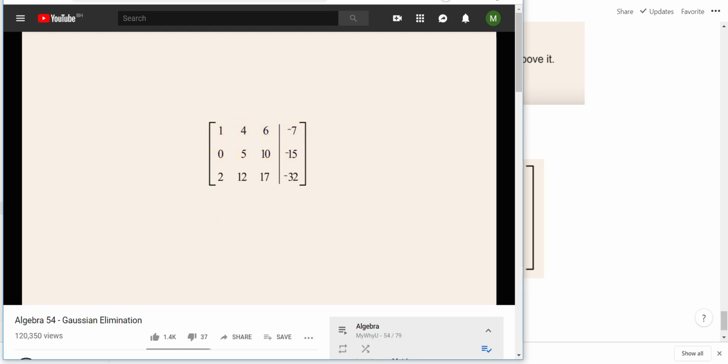Now that the entry below the 1 is 0, the entry below that must also be changed to 0. We can accomplish this by using another pivot operation to add -2 times row 1 to row 3, replacing row 3.